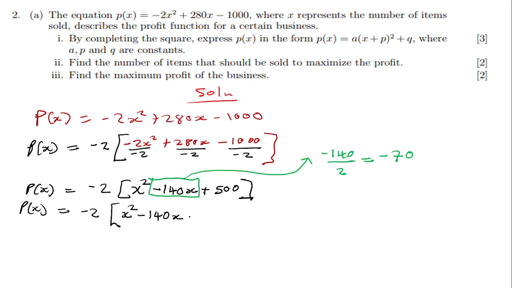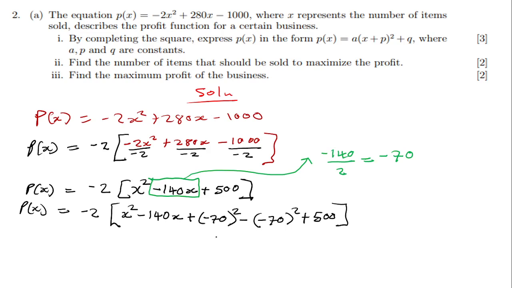After you do that, this is what you are going to have. You say negative 70 squared, minus negative 70 squared, and then plus 500. What have I said? You add and subtract.